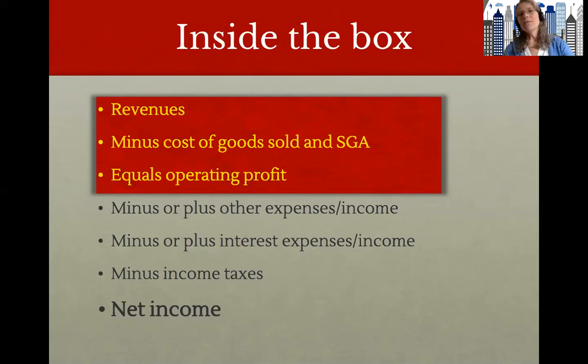Then we're going to take out some of the other expenses, or maybe even add in some other income that is not a part of this. Basically, they're going to go through a number of minuses and pluses of other things until we get to that net income. The net income often will be bolded on the income statement, so you'll be able to see it. But that is really that bottom line number that we are interested in to determine how a public company might have fared over a period of time.